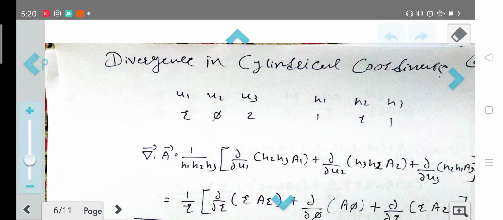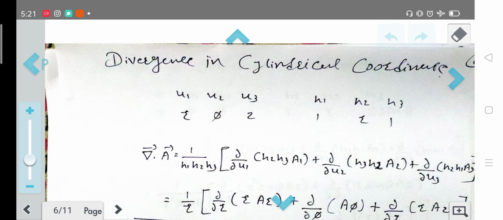I am repeating this formula so you can easily remember it. So the divergence of vector A will be 1 upon h1 h2 h3 into the bracket del by del u1 of h2 h3 a1 plus del by del u2 of h3 h1 a2 plus del by del u3 of h2 h1 a3.